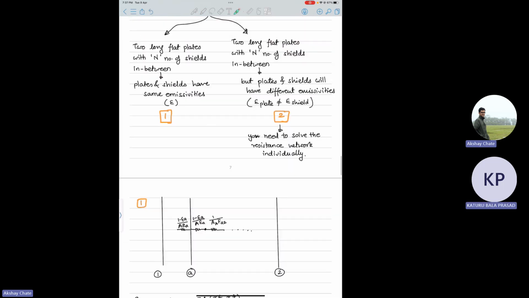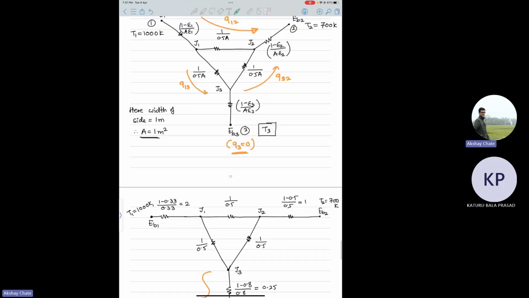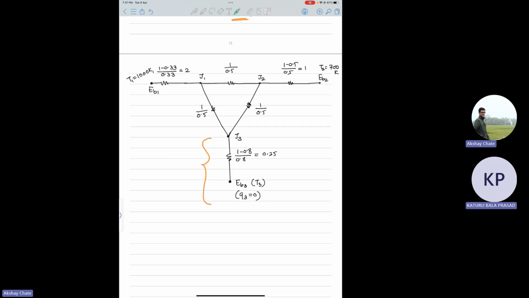So in this problem also something like that can be there, but they have not mentioned it, so we can't comment on that. So here the trick is, since there is no heat transfer from the third surface, this surface resistance doesn't play a role in Q1 to 2, right?